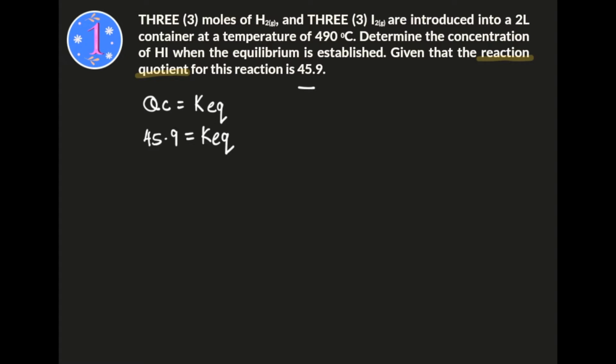But in the question, you were asked to calculate the concentration of HI, hydrogen iodide. So, in order for you to use this information, you need to write your ICE diagram. Alright, before we can proceed with writing the ICE diagram, we need to write a balanced equation beforehand.